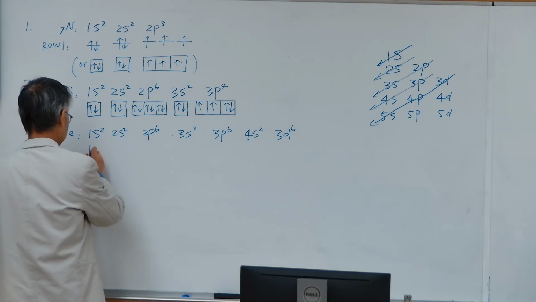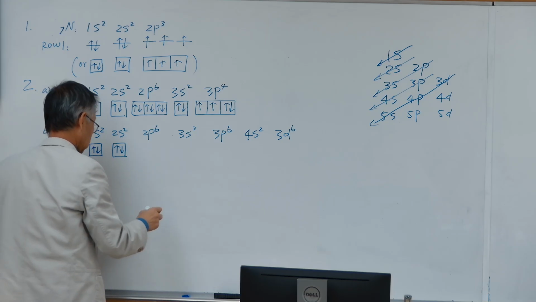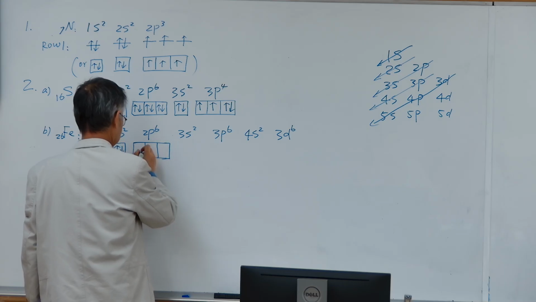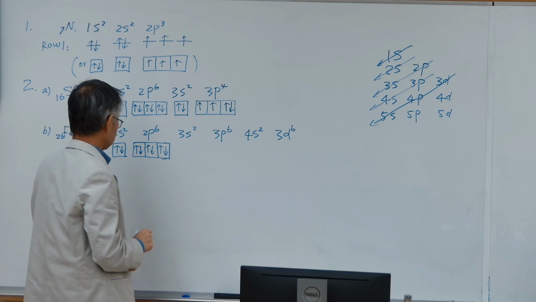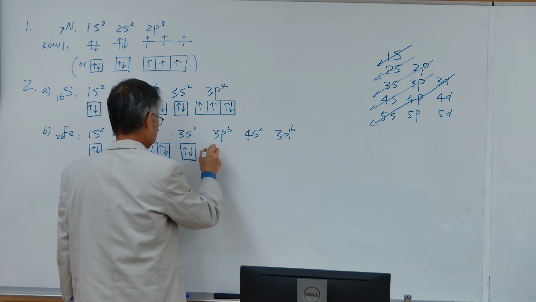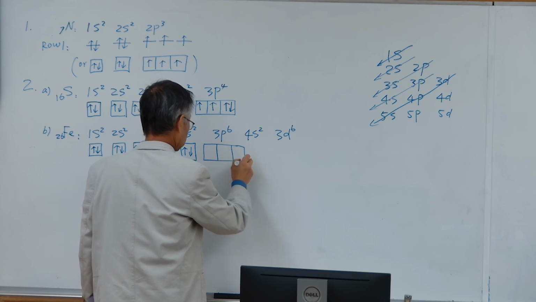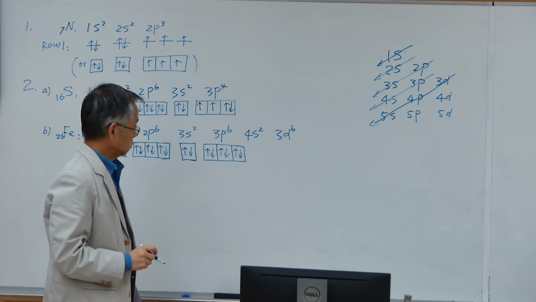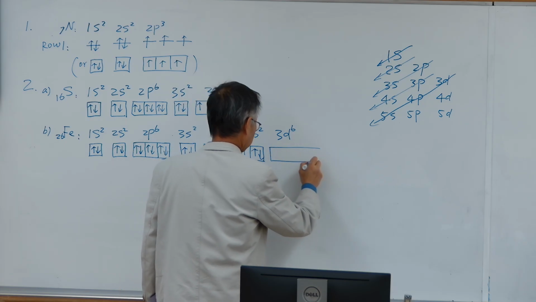So now we write the orbital diagram. 1s, 1 orbital, 2 electrons. 2s, 1 orbital, 2 electrons. 2p, three orbitals hold 6 electrons, each orbital holds 2. 3s, 1 orbital, 2 electrons. 3p, again 3 orbitals, then 4s, 1 orbital, 3d, 5 orbitals.